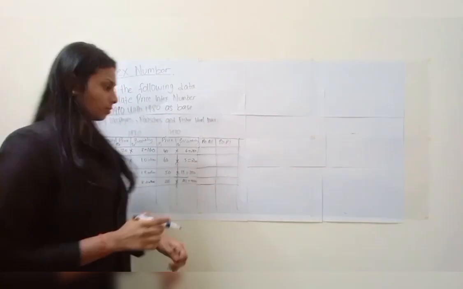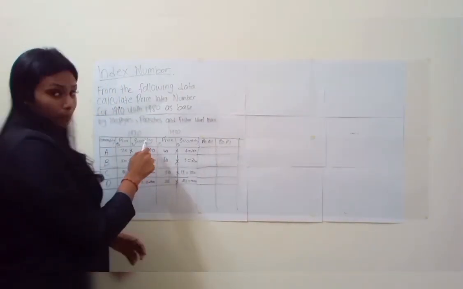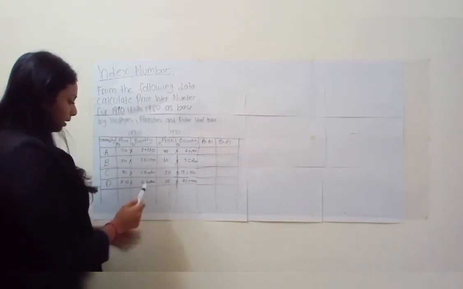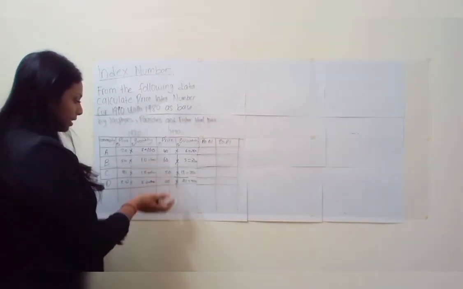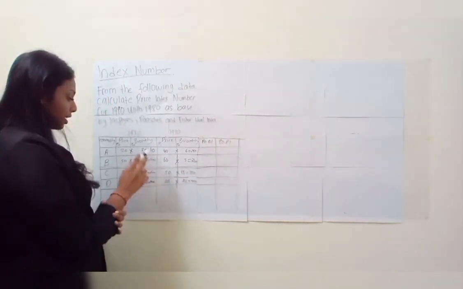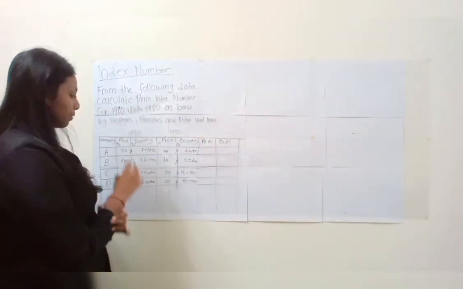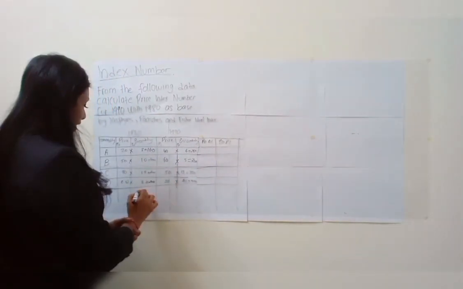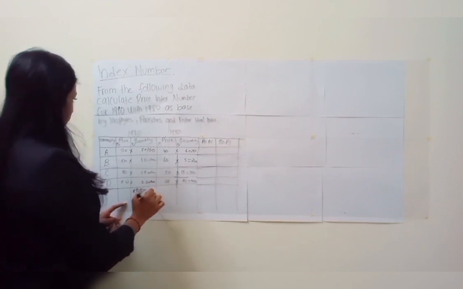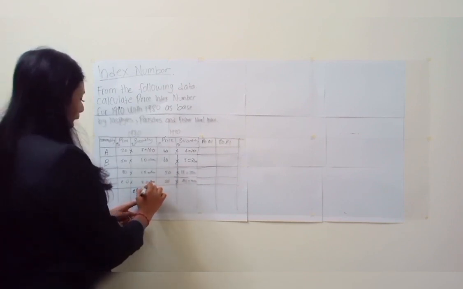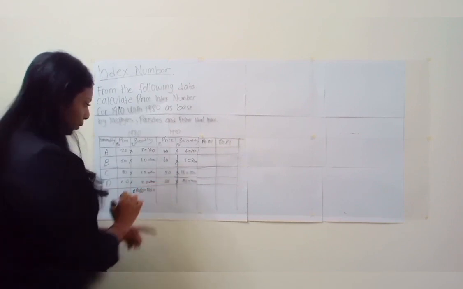So now calculate. We pass first. Calculate all. So 160 plus 100 plus 600 plus 400 is summation PO QO equals 1660.